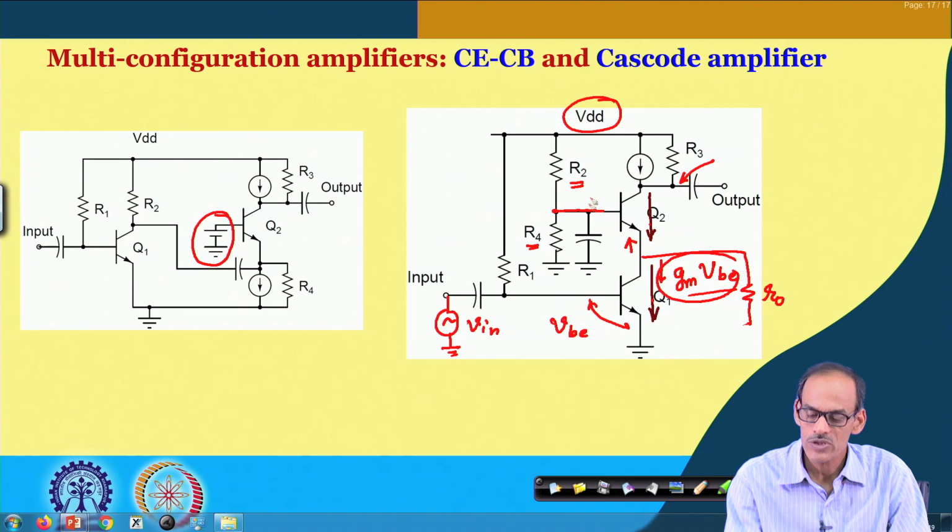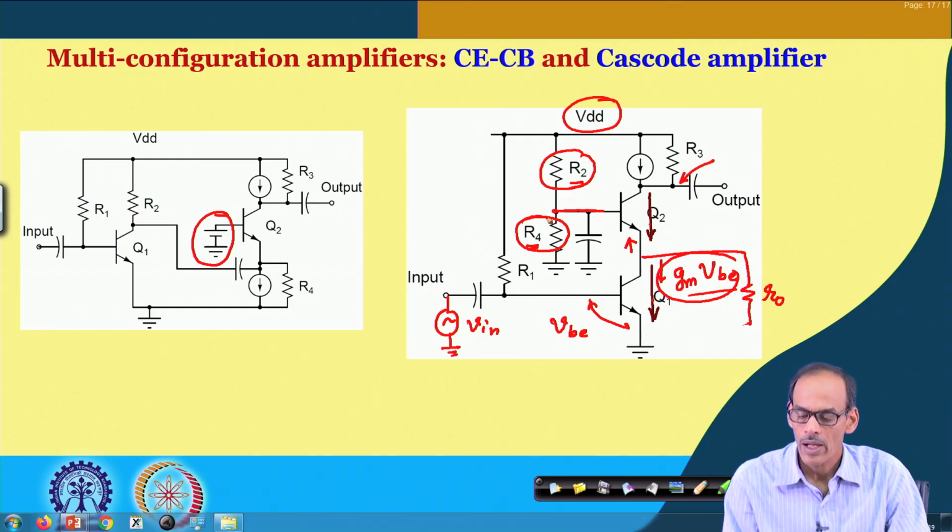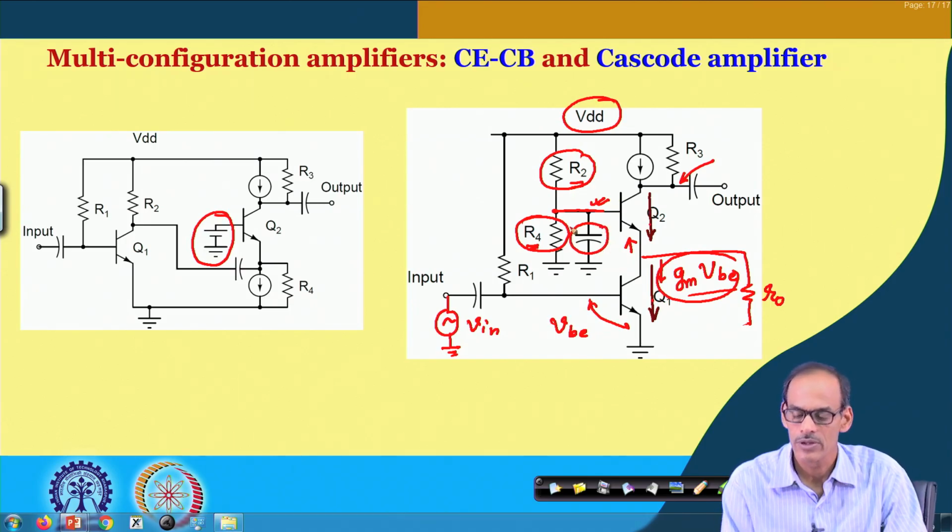It also has a Thevenin equivalent resistance, which is R2 and R4 in parallel, and we like to keep the base node of transistor 2 at AC ground, and that is done by this capacitor.